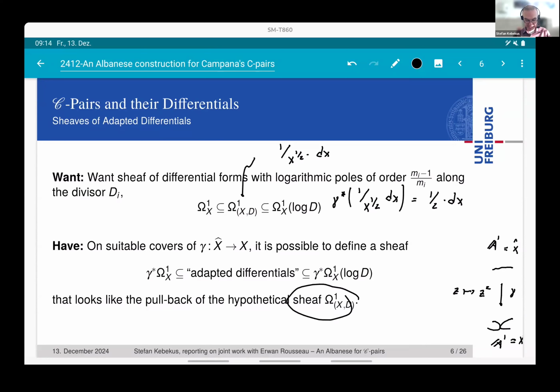And this is precisely what I mean by sheaf of adapted differentials. These are differentials that have zeros of the form that I would get if I take my hypothetical sheaf downstairs, pull it back, and apply the formal rules of differentiation to figure out what it is.